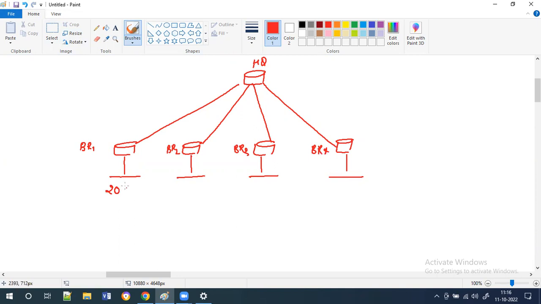Here we have the requirement of 20 hosts, 30 hosts, 10 hosts, and let's suppose 16 hosts. Right? So I had the IP address 16.20.20.0/24. Correct? So here in total I need 8 networks, and we did the subnetting on that basis.